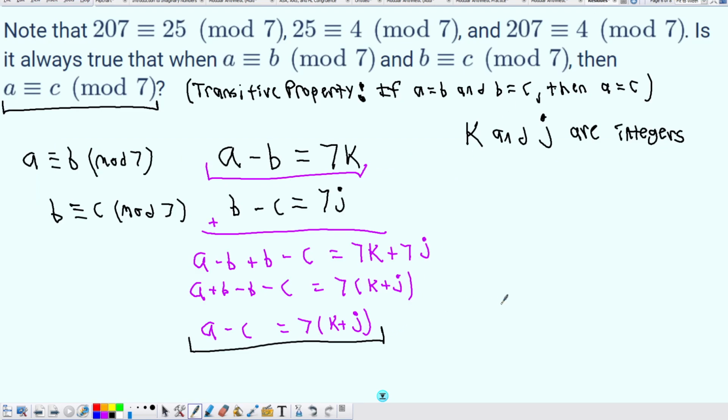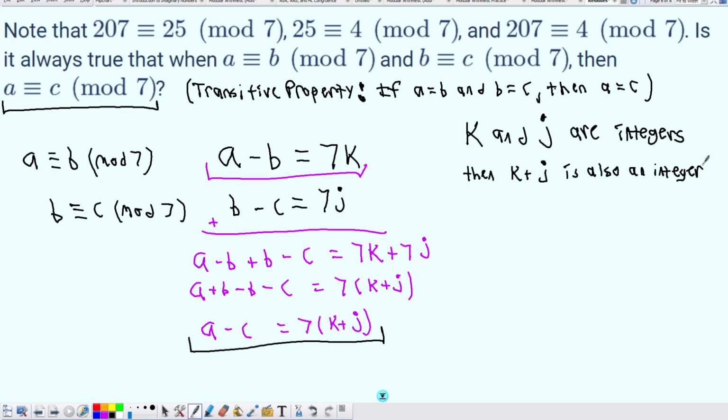So, if k and j are integers, then k plus j is also an integer. Because if you add two whole numbers together, there's no way of getting a fraction out of that. There's no way of getting a decimal. You must receive another whole number back.